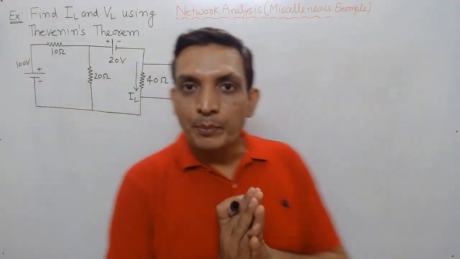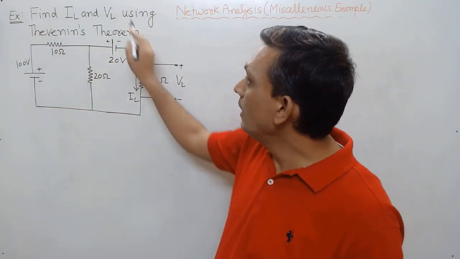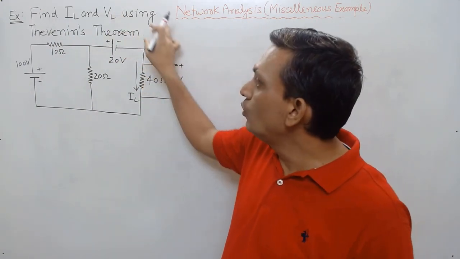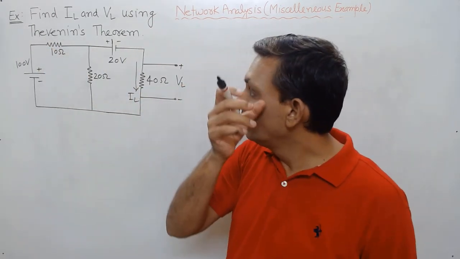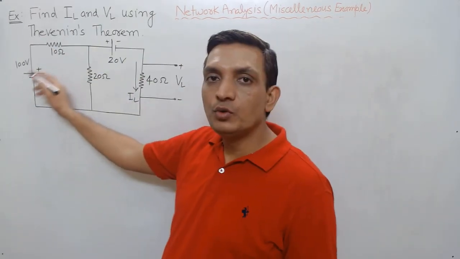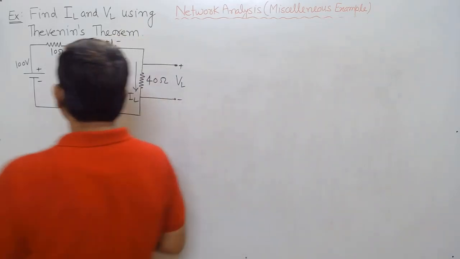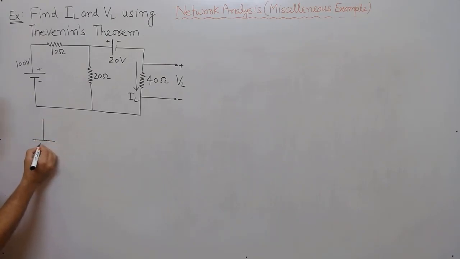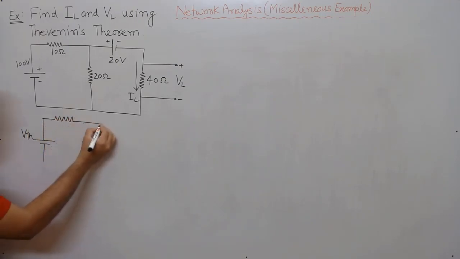So in this example, we have to find current IL and voltage drop VL across 14 ohm resistance using Thevenin's theorem. Again you can see we have two voltage sources. So you know Thevenin's equivalent. In Thevenin's equivalent, we have a voltage source VTH, that is the open circuit voltage.